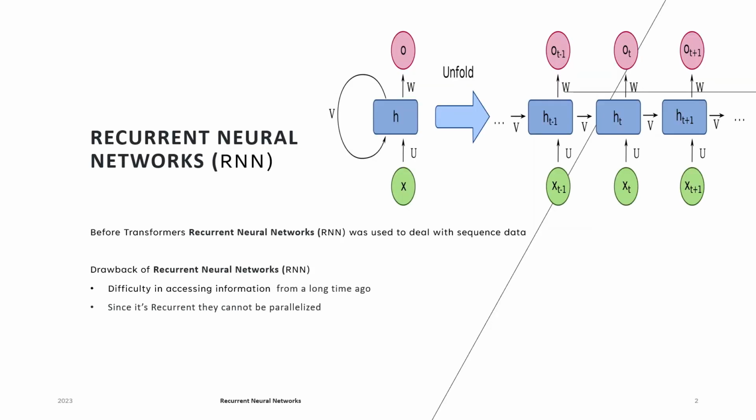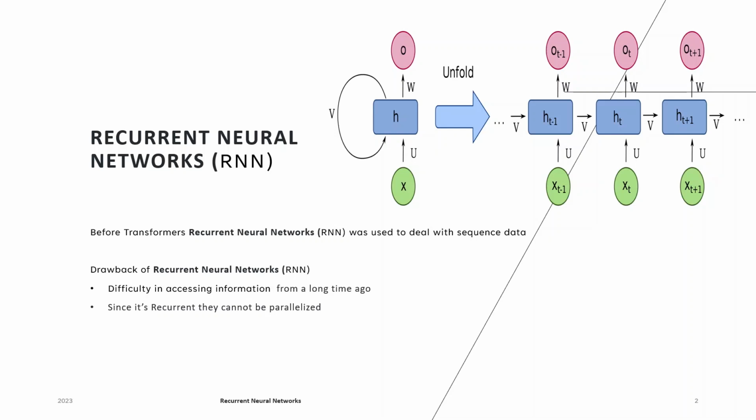Until transformers, we used to understand text with the help of a neural network called a recurrent neural network, which is represented in the diagram here.